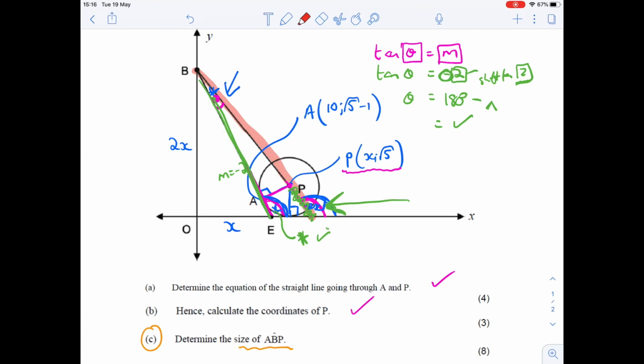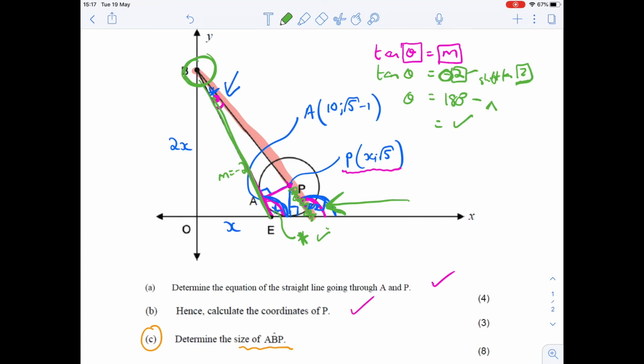Now, we have point P. We don't have the gradient of that line, but we can go and find out a few things, okay? I wonder if we could find out the point B. Let's see what we've got.